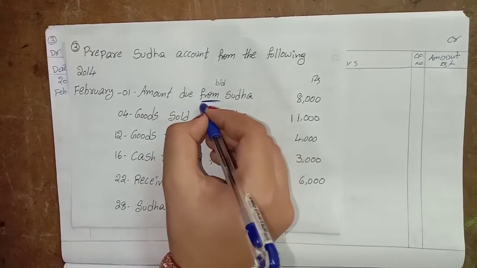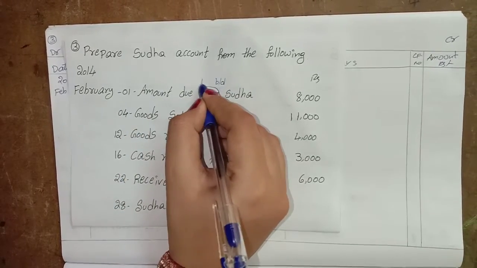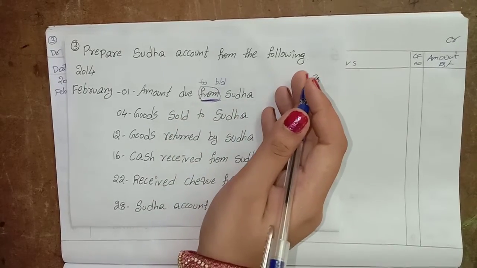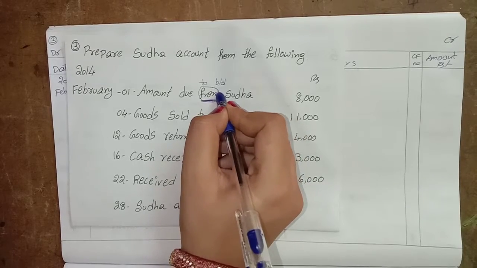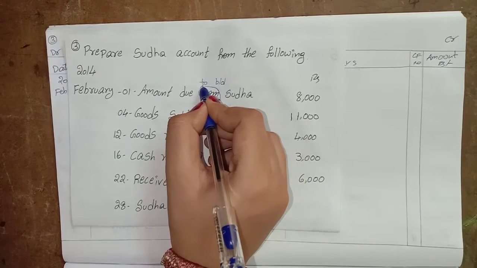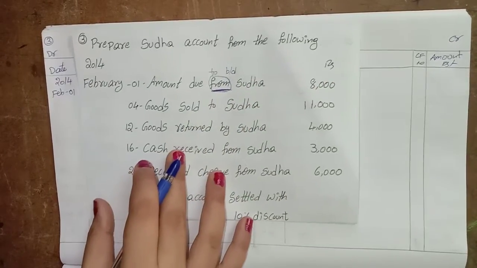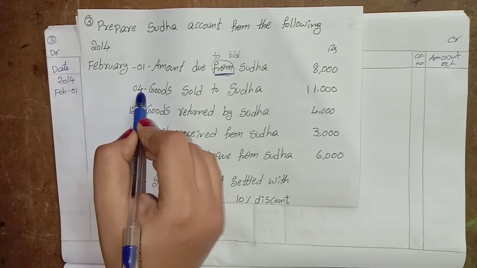For example, if in the place of from it was amount due to Sudha, it will be written in credit column. From means we have to enter it in debit column, and to means we have to enter it in credit column. Right.